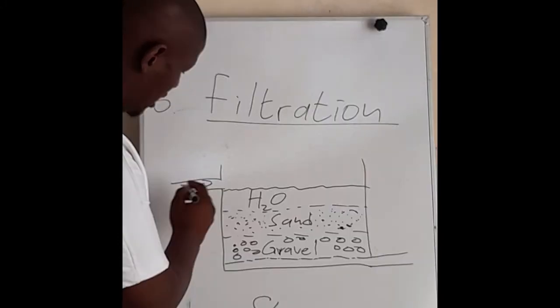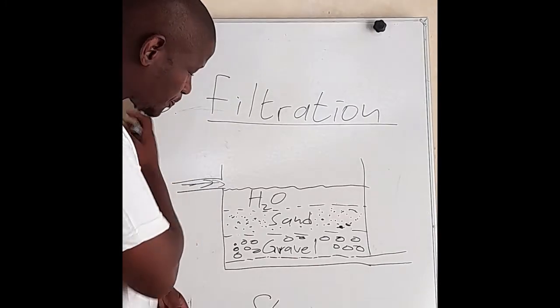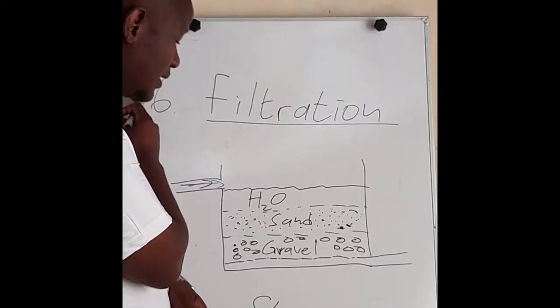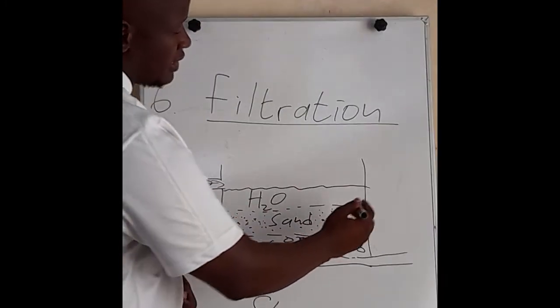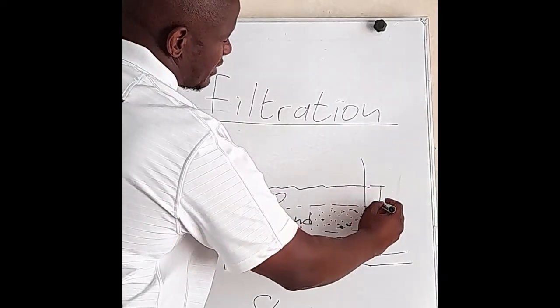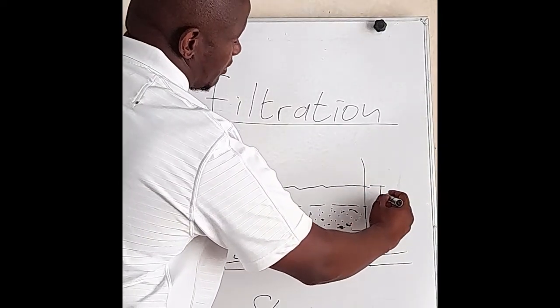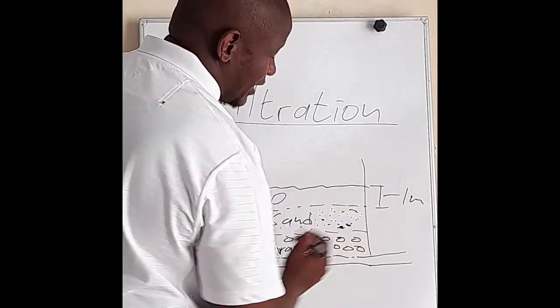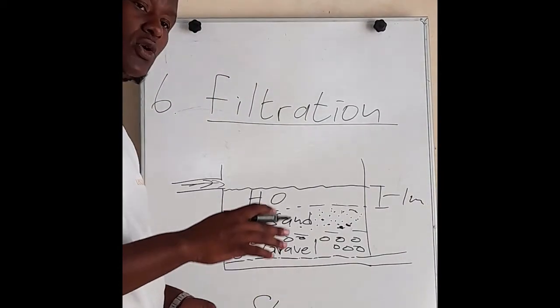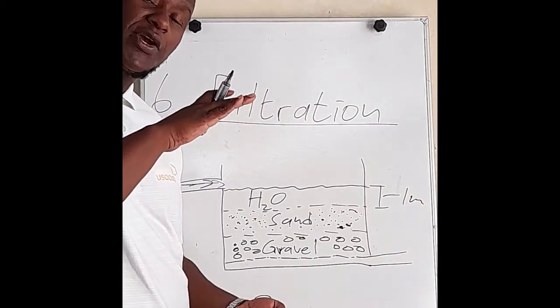We normally get our water into the filter bed. That water should have a depth of at least about 1 meter head, so as to have enough pressure head.